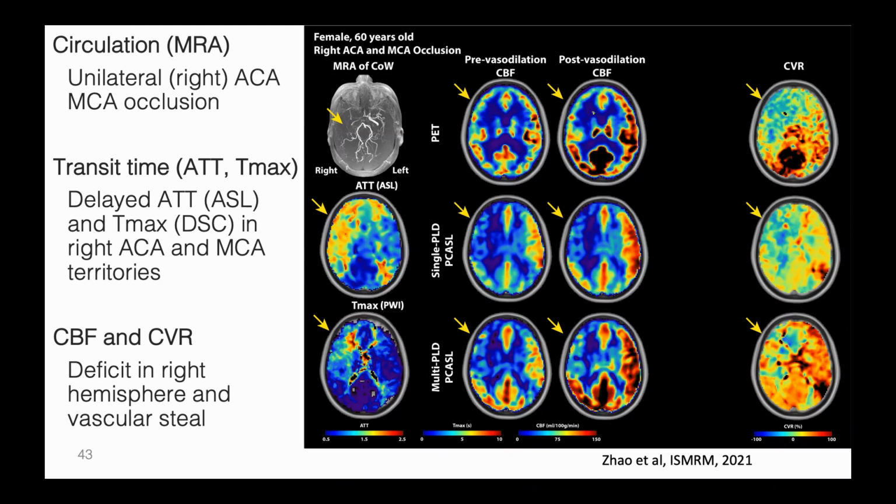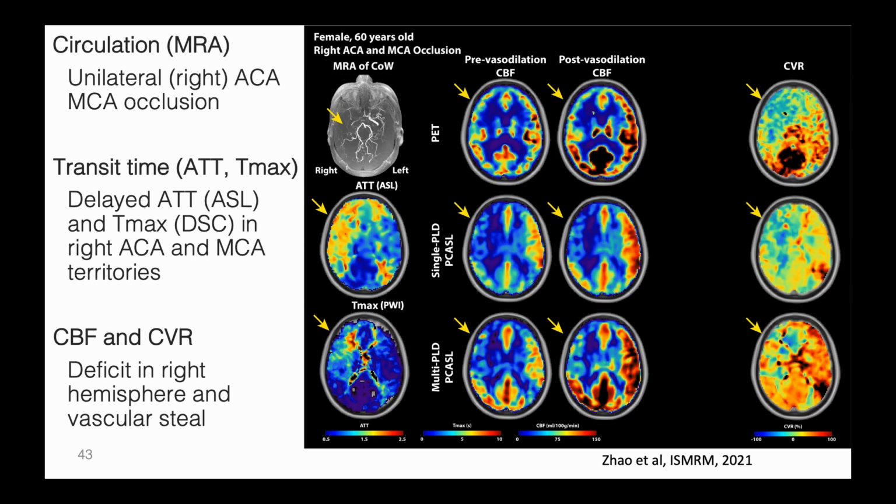We demonstrated that without contrast agent, the transit time obtained by ASL showed a high correlation with the gadolinium-based PWI technique, which indicated that ASL can potentially replace DSC as a non-invasive and contrast-free modality for stroke imaging.